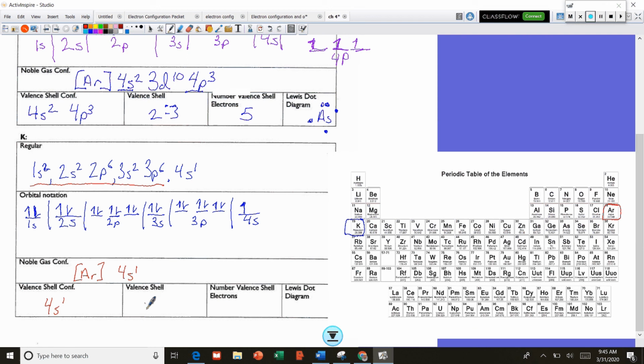We have one electron in the valence shell, and our Lewis dot diagram for potassium would be K with one dot.